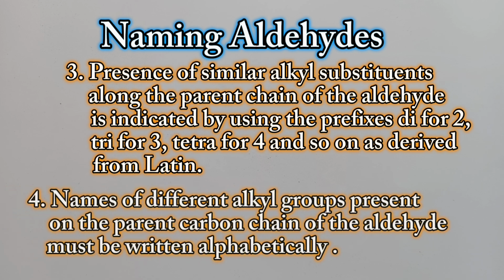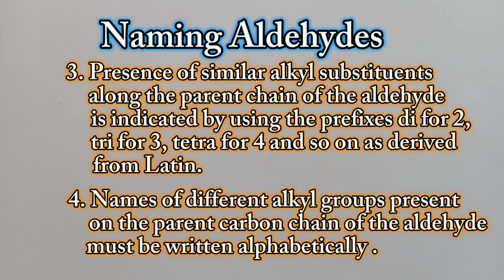And our final guideline is that if there are different alkyl substituents on the parent chain of the aldehyde, then when writing the name of this aldehyde, the names of these alkyl groups should be written by respecting their alphabetical ranking.